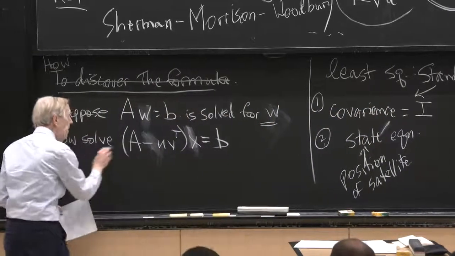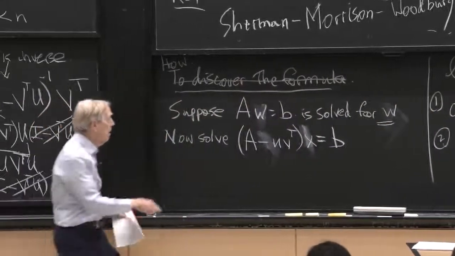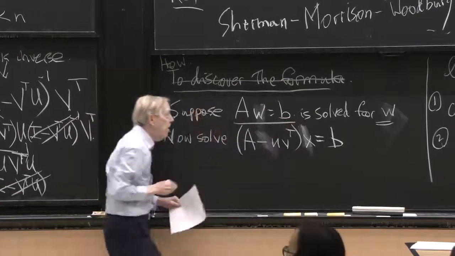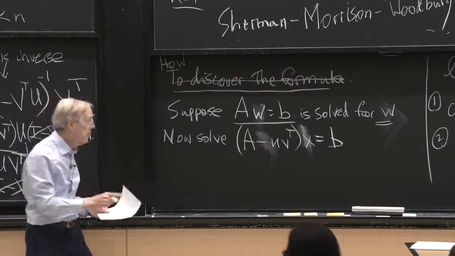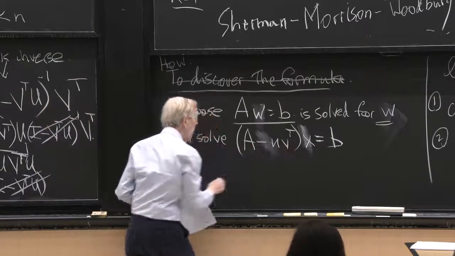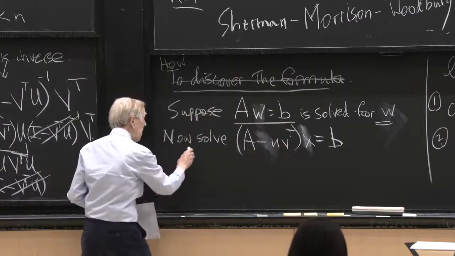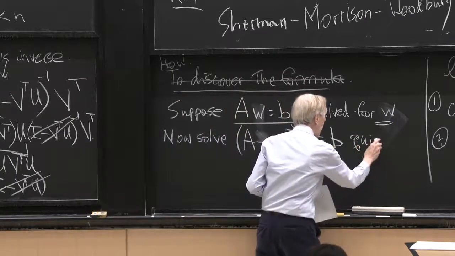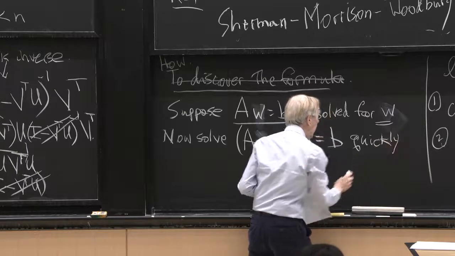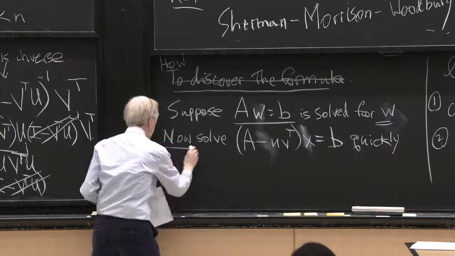In other words, we know about A. We've solved that one. So instead of solving a whole new problem, I'm going to do it quickly, is the idea. And here's the idea.